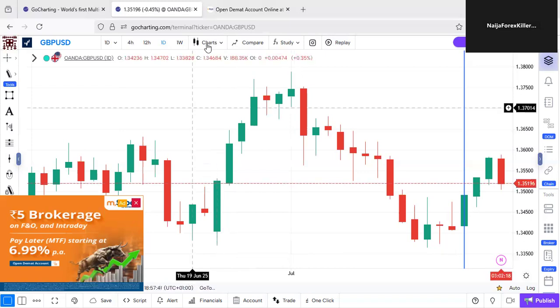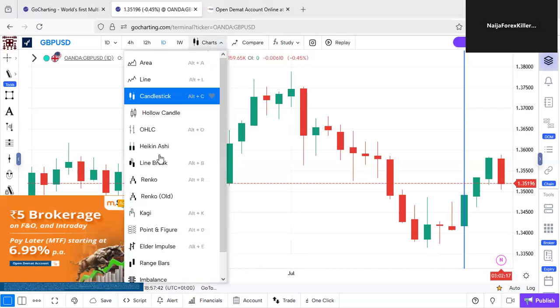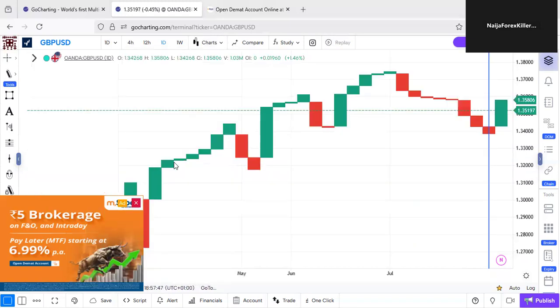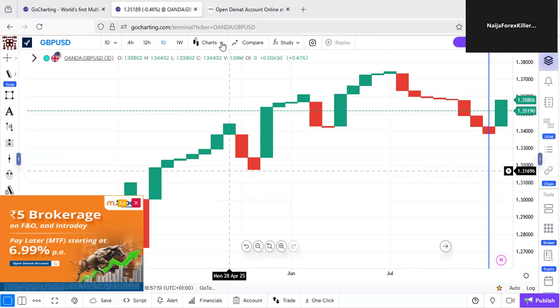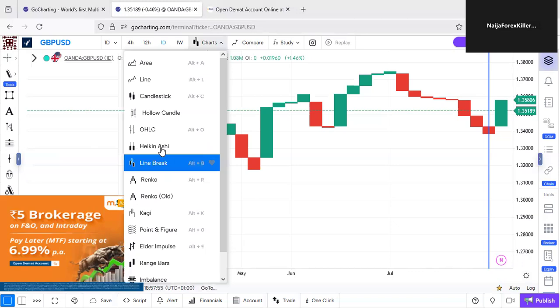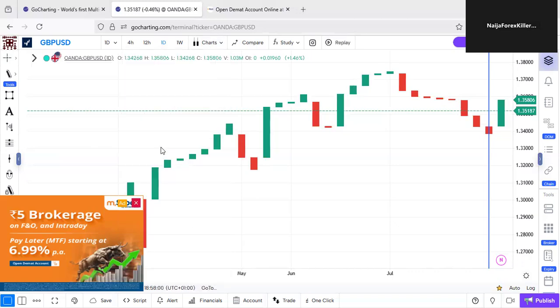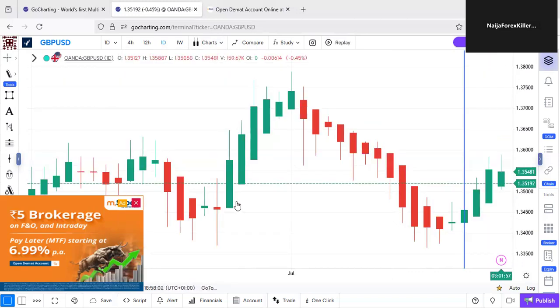Okay, let me show you one. Like this one. This one looks like candlesticks, but they are not candlesticks. This one too. This one also looks like candlesticks, but it's not candlesticks.